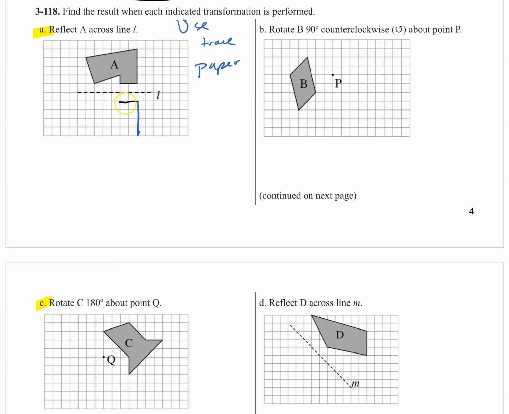I'm just making a mirror image here, that's the key. If you don't want to do it without trace paper, I'll call that A prime. So reflections are mirror image.